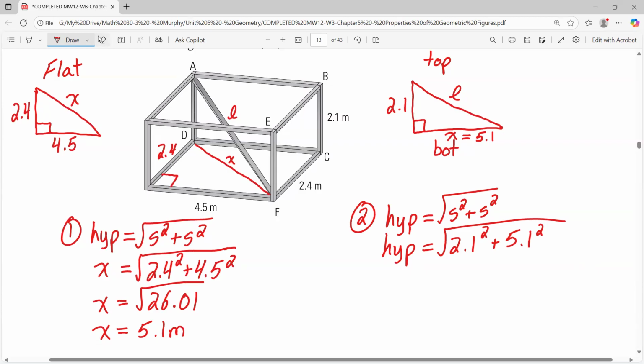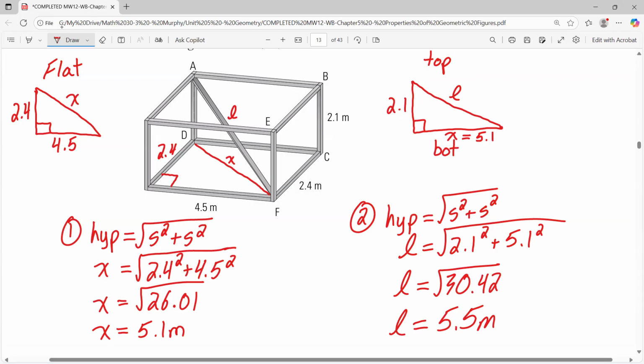Okay, and I'm going to replace hypotenuse with the length symbol. 30.42 under a square root. And then length equals, to one decimal place, 5.5 meters. And there's our answer.